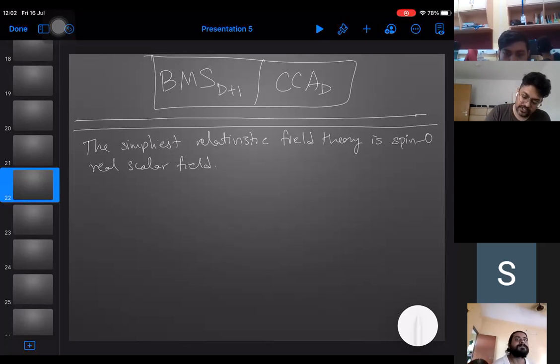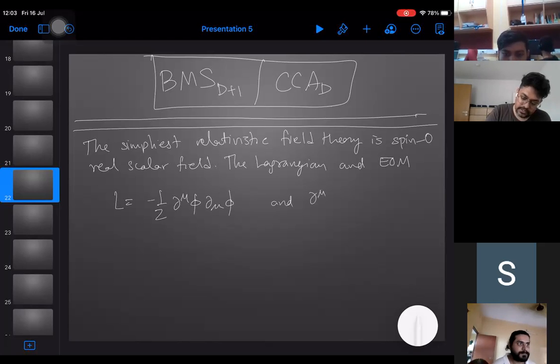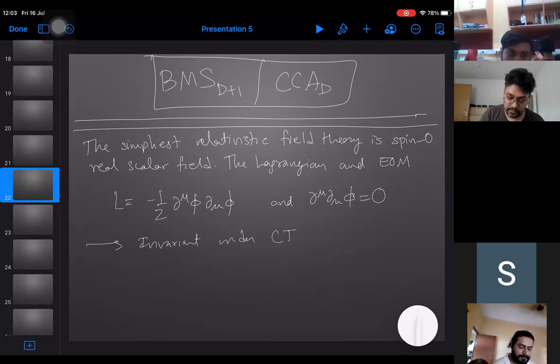The Lagrangian and the corresponding equations of motion of this theory, as we already know: the Lagrangian is basically given by this, and your equation of motion is given by this. The Lagrangian and equations of motion are invariant under conformal transformation.